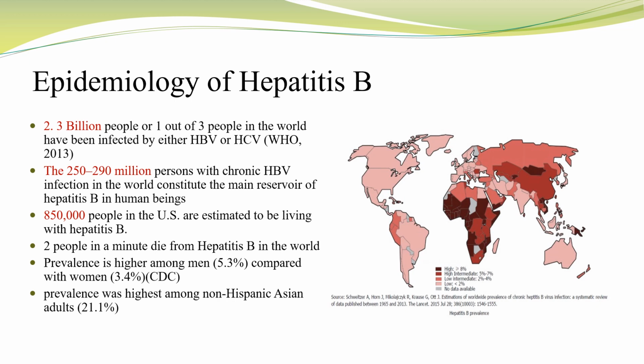In the US, 850,000 people are living with hepatitis B. And 2 people every minute die from hepatitis B in the world. The prevalence is higher among men compared with women, according to CDC.